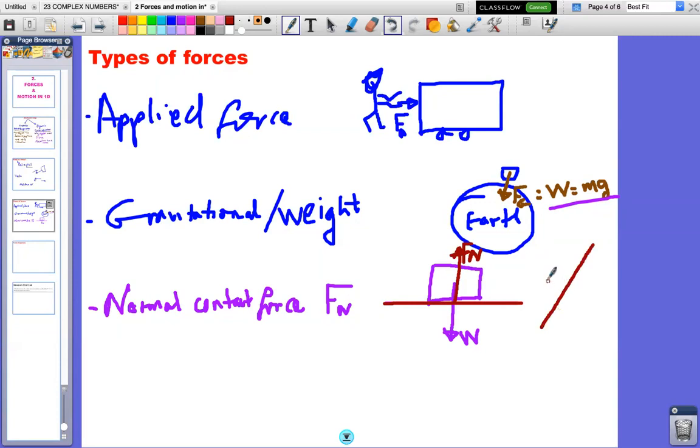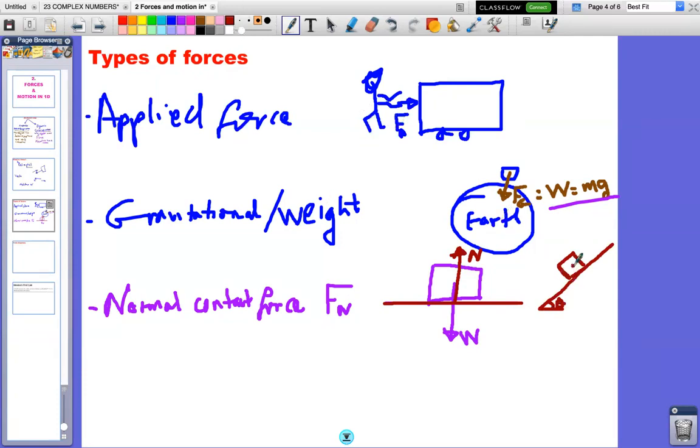This normal contact will act on any two objects that are in contact with each other. Let's say the book was lying on an inclined plane, inclined at an angle, say theta.